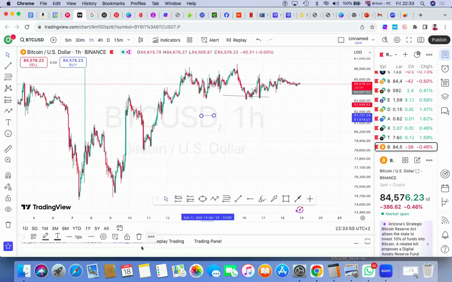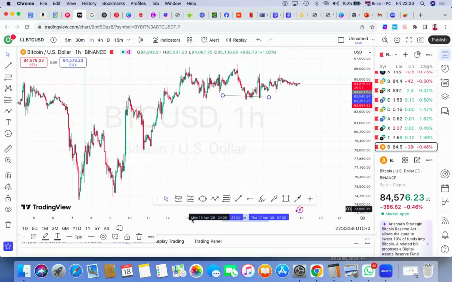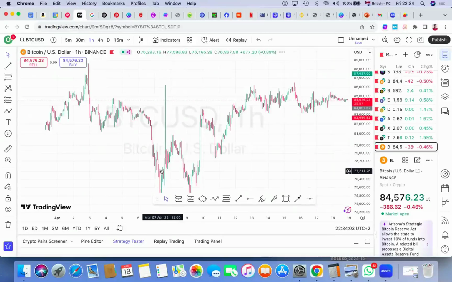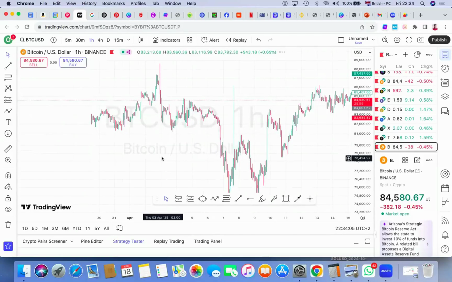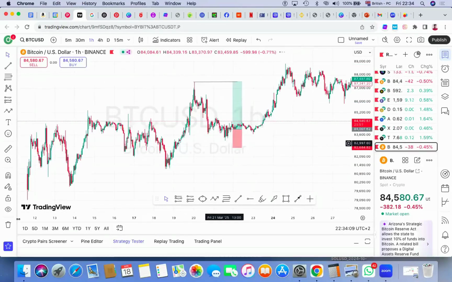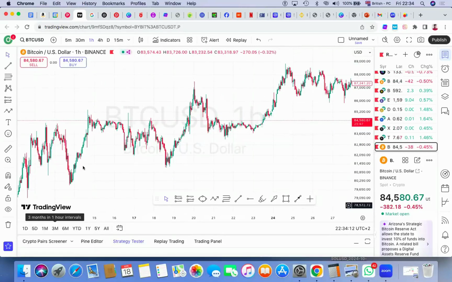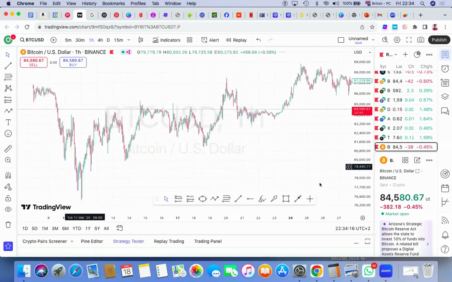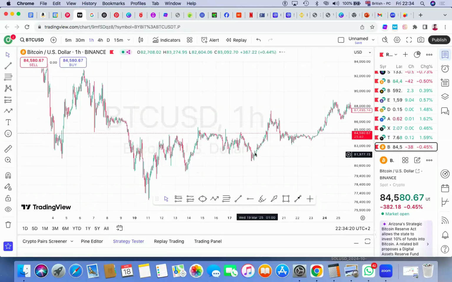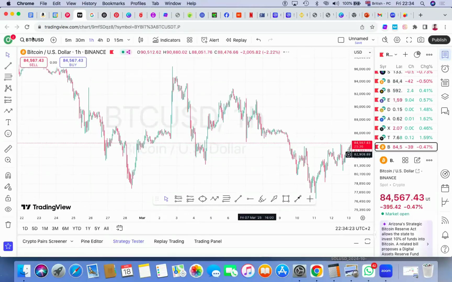If we do a lot of practice on this, we'll be able to spot different moves in the market easily. So from here, let's see if we can see another scenario of an uptrend. Okay. So here, let's use another pair.